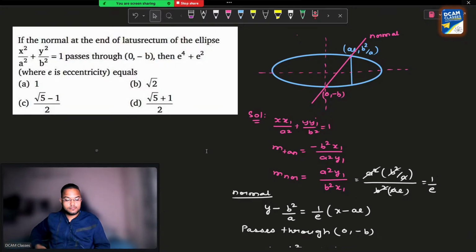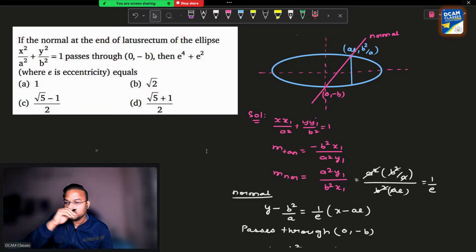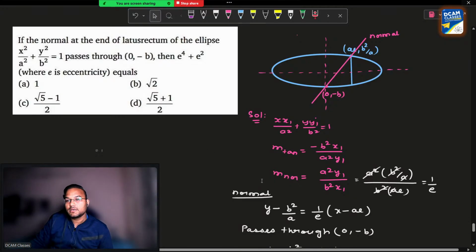So I got a little stuck in between because I don't remember all the formulas. Which one? Where did you get stuck? And so that normal equation, after that I saw from your answer only. Actually, it's not needed. I did not solve using the normal equation.